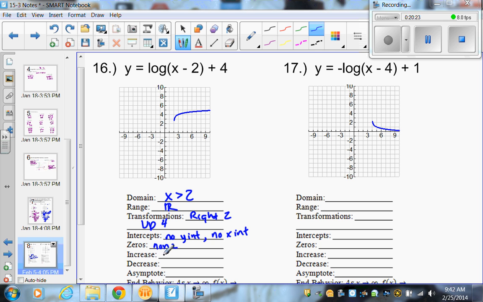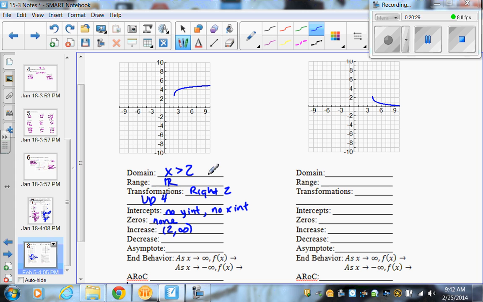Our increasing, remember we start at 2 and we go towards infinity. Decreasing, it's always going up, so it's never decreasing. Your asymptote would be at x equals 2. On the right side, it's going up. On the left side, it's going down.